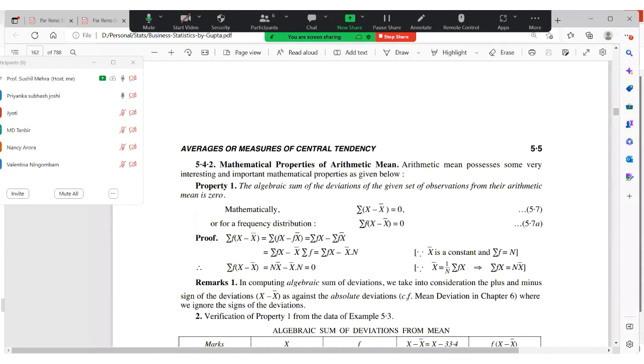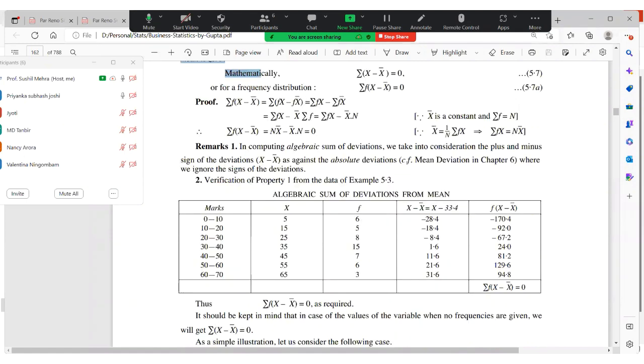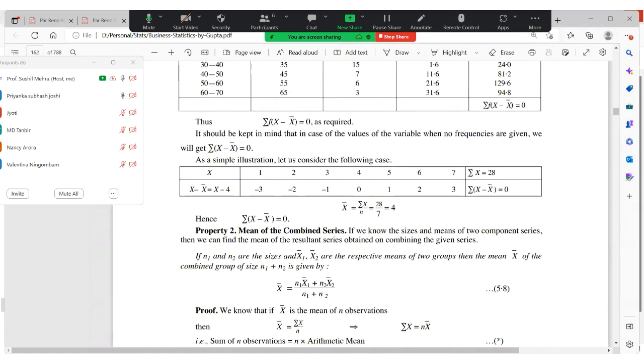Mathematical properties of arithmetic mean. The first property is that the algebraic sum of the deviations of the observations from the arithmetic mean is 0, right? Let me consider this example. X is given 1, 2, 3, 4, 5, 6, 7.